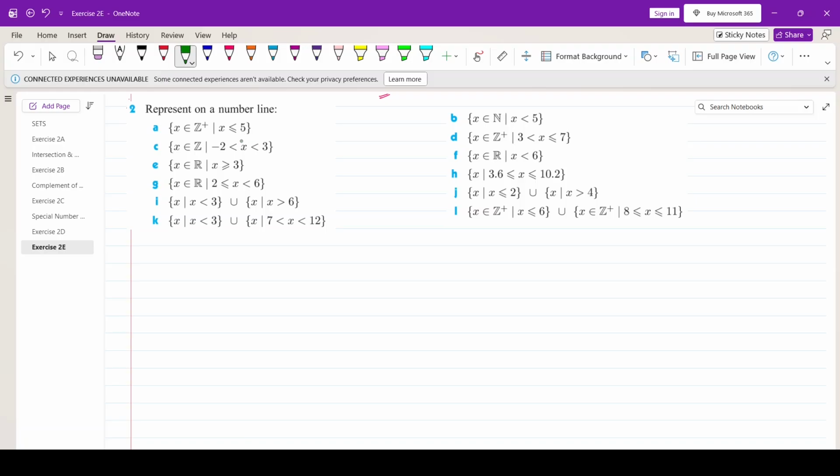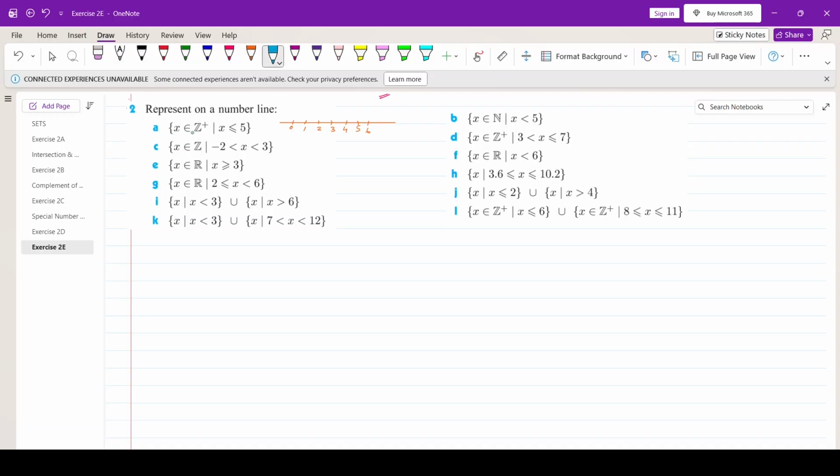Now the question says, represent on a number line. Part A, a set of all x such that x is a positive integer less than or equal to 5. So let's create a number line, and here we have 0, 1, 2, 3, 4, 5, 6.